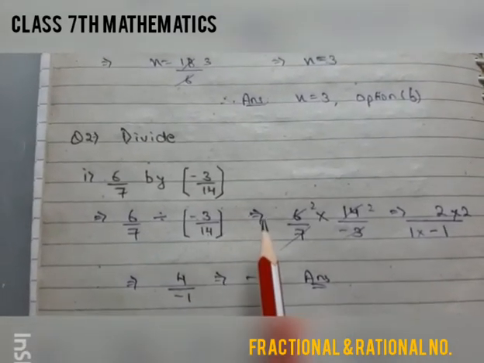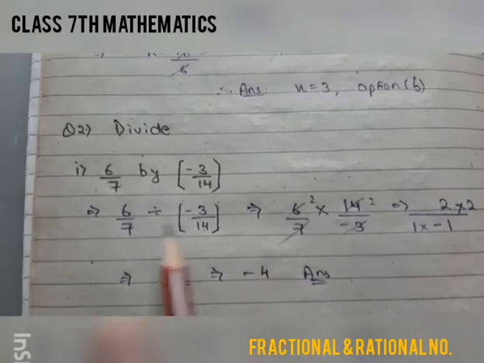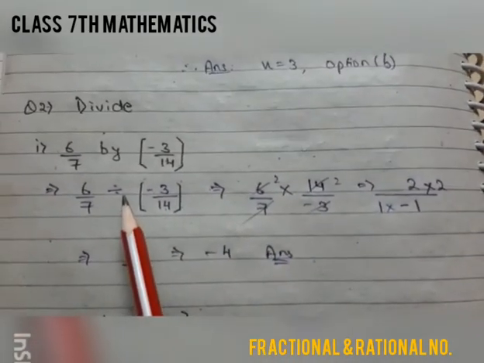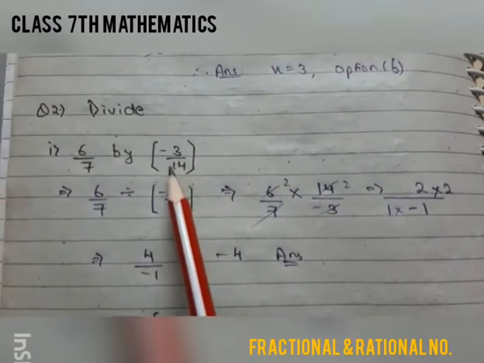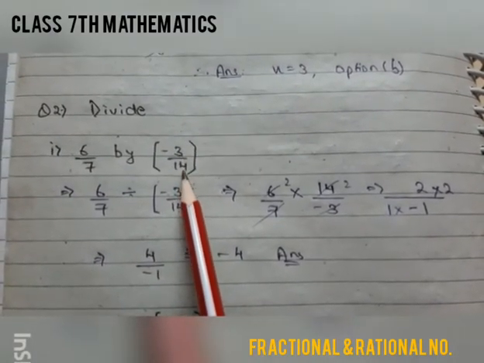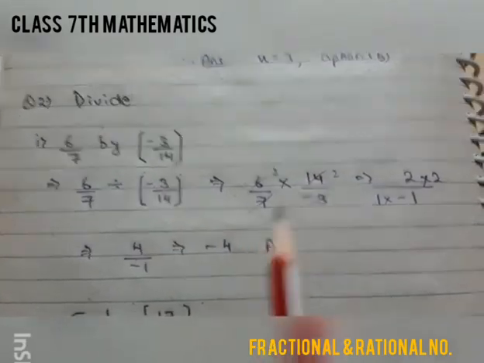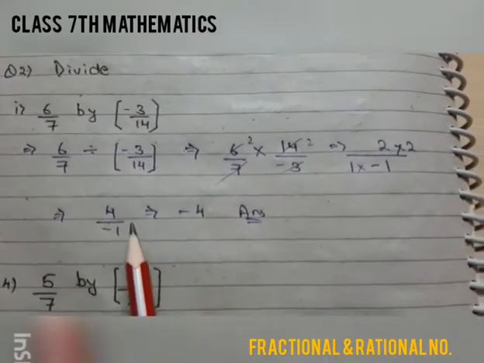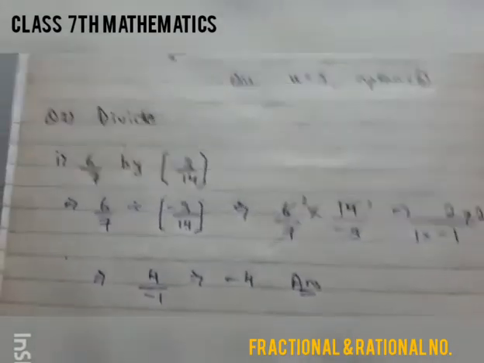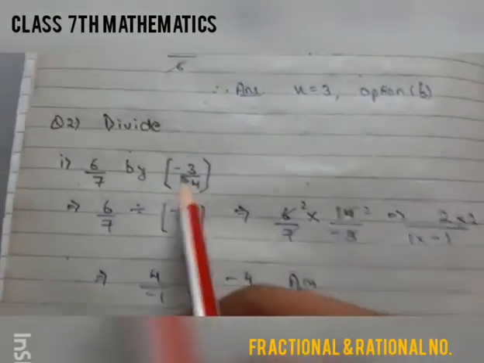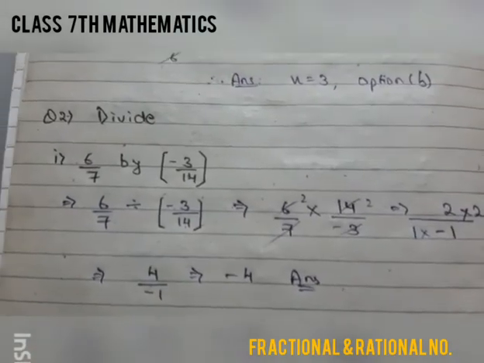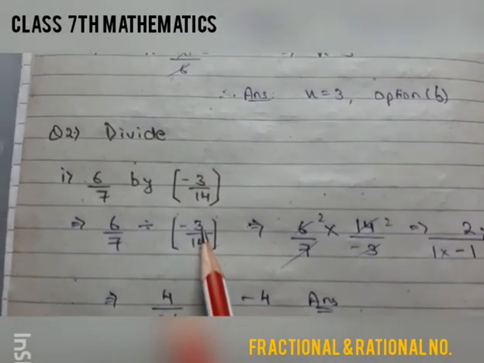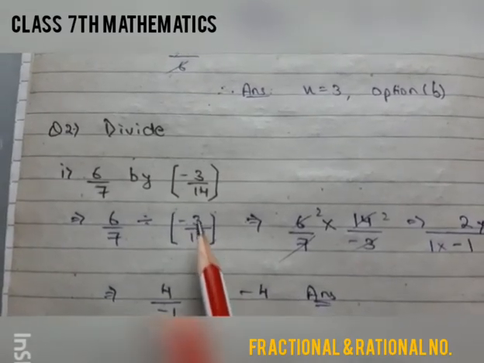Now our solution starts. The process says to multiply the first rational number into the reciprocal of the second rational number. The reciprocal of minus 3 upon 14 is 14 upon minus 3. Write it down, 14 upon minus 3. When you solve it, the answer will be minus 4. Now what you need to pay attention to is the sign.